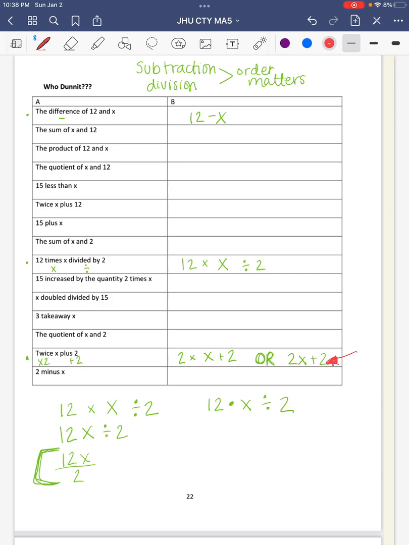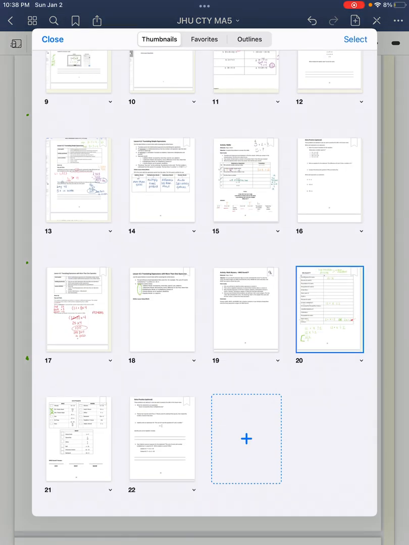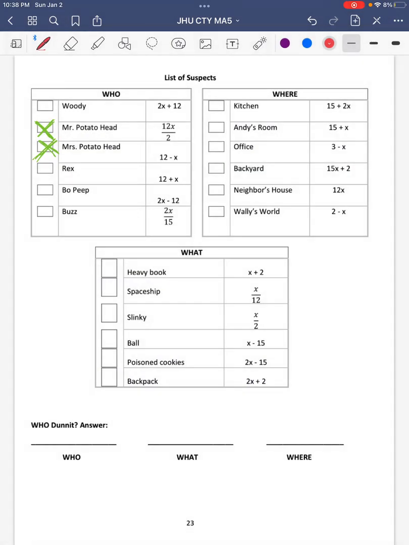So let's see if I can see 2x plus 2 on my whodunit. 2x, there's 2x plus 12, 2x minus 12, 2x plus 2. I don't see it in my who or my where. What about my what? 2x, oh, there it is, my backpack.